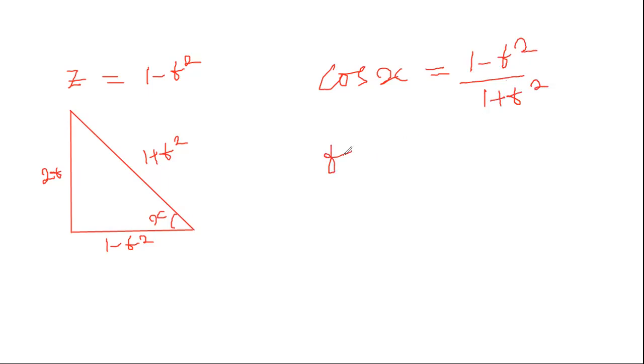Then the one for tan, we know that tan is opposite divided by adjacent, so this would be 2t divided by 1 minus t squared. So these will be our values. That is how we derive the t formulas for sine, cos, and tan.